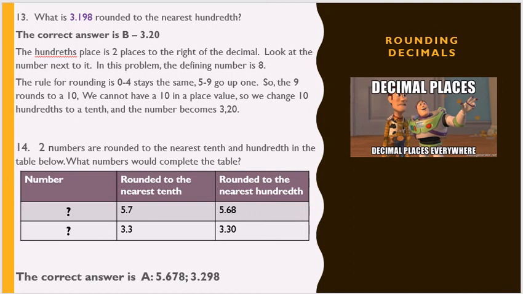All right, for number 14. You had 2 numbers rounded to the nearest tenth and hundredth in the table below. What numbers would complete that table? The correct answer was A, 5.678 and 3.298. If you look at 5.678 and you're rounding it to the nearest tenth, remember the tenths place is 1 place to the right of the decimal point.